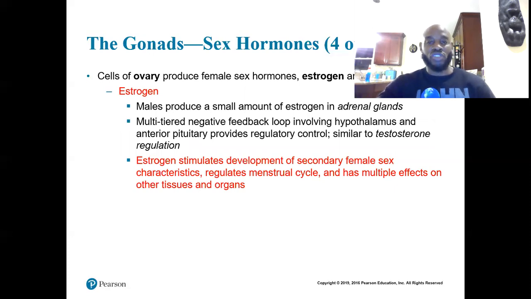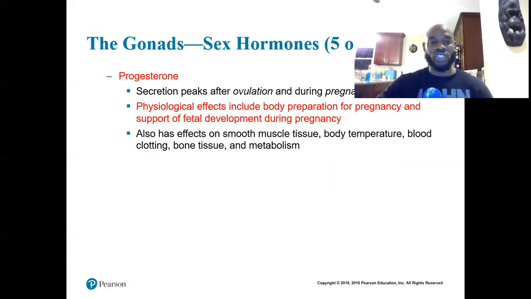And males produce a small amount of estrogen in the adrenal glands. Estrogen stimulates secondary female sex characteristics, regulates your menstrual cycle, and has some effects on other tissues and organs. The physiological effects of progesterone include body preparation for pregnancy and supporting fetal development during pregnancy. It also has some other effects as well.